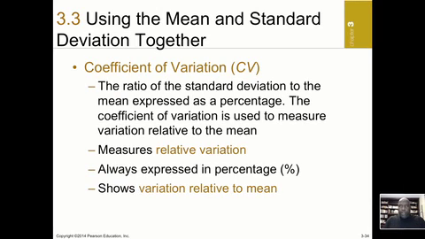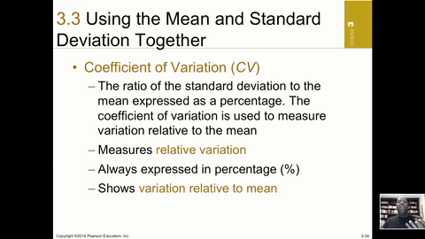There's a very useful measure called the coefficient of variation, and it's quite useful when we want to compare the variability in different distributions, particularly distributions that have numbers of different orders of magnitude. So if we wanted to compare, say, the variability in the price of cars to the variability in the price of a pound of fish, well, the pound of fish is of the order of magnitude of $5, $10, $15 for a pound, but a car is in thousands of dollars.